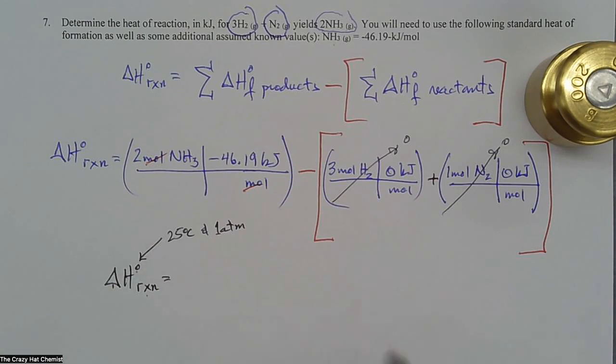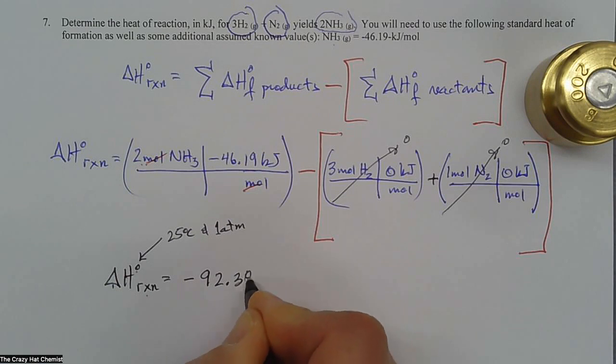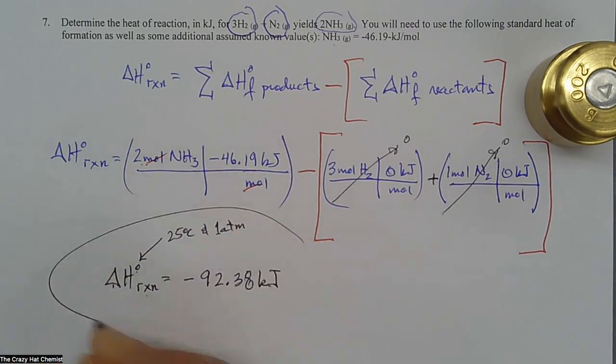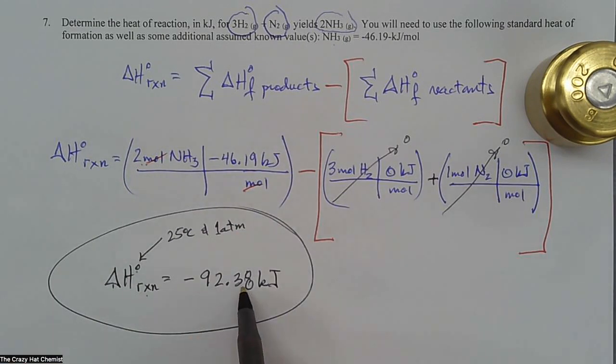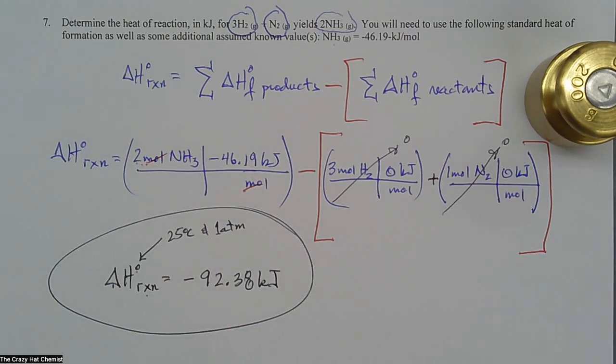So it's 2 times negative 46.19, and I'm going to get negative 92.38 kilojoules. That is my answer to 2 decimal places, because that has 2, and that's an infinite number of significant figures. And this number is negative, that makes this exothermic. If that number were positive, then it would be endothermic.